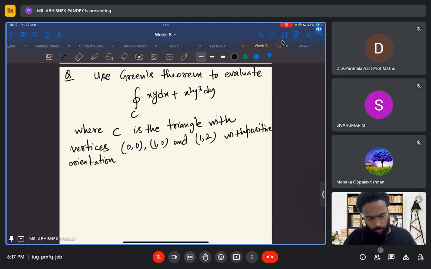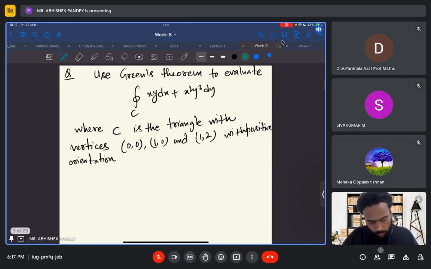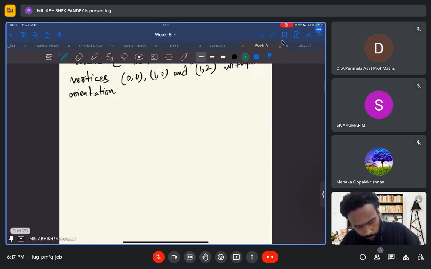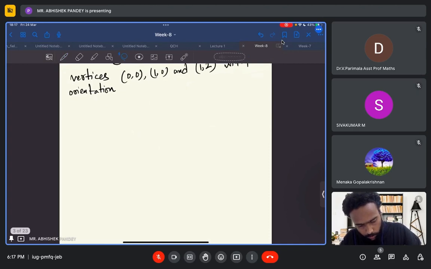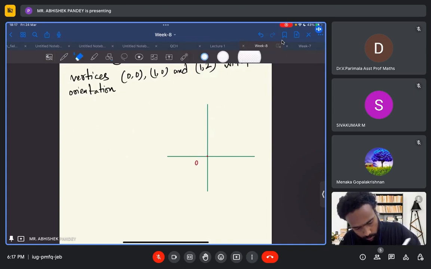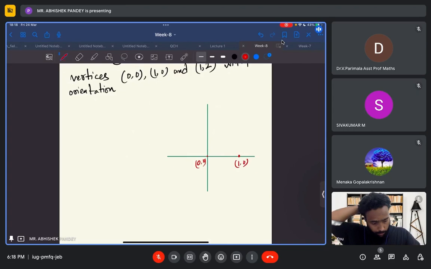So let us first see what this curve means. So this is your 0 comma 0, this is your 1 comma 0, and this is your 1 comma 2.